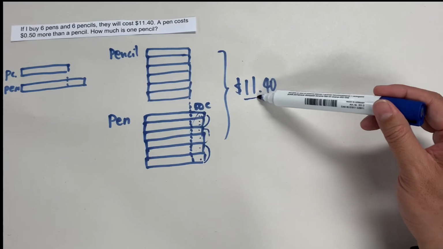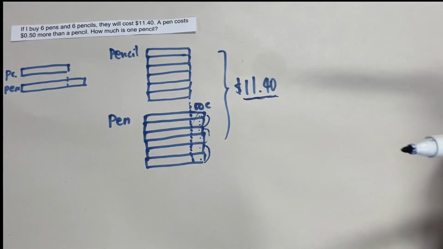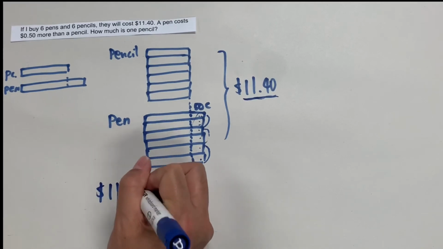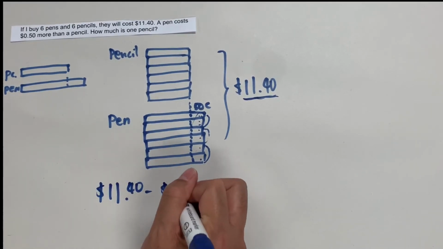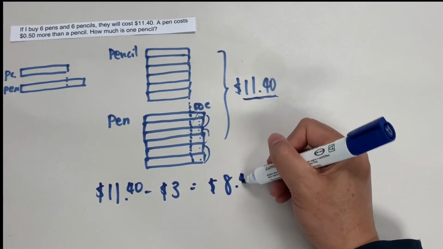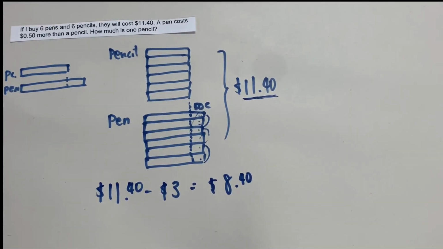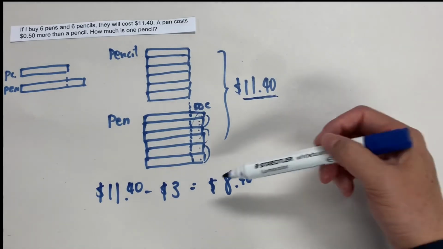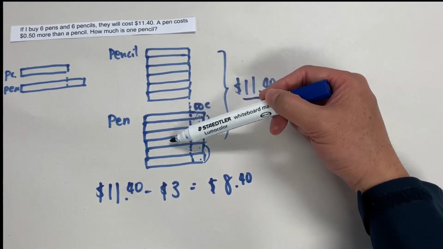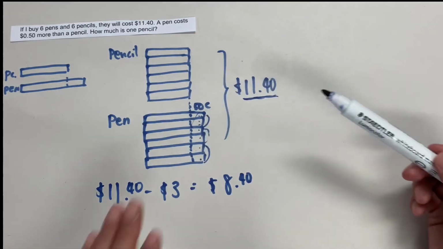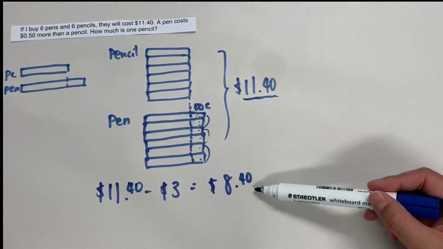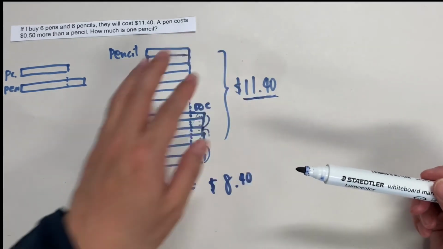So if I take away $3 from here, oh my goodness, that's $8.40. That's worth 1, 2, 3, 4, 5, 6, 7, 8, 9, 10, 11, 12 pencils. See that? This is exactly the same as 12 pencils.